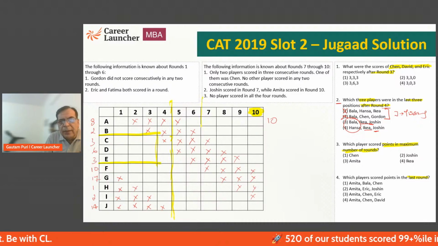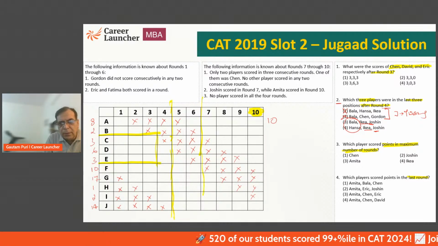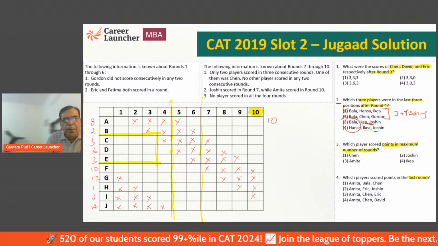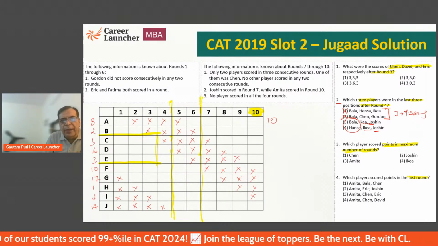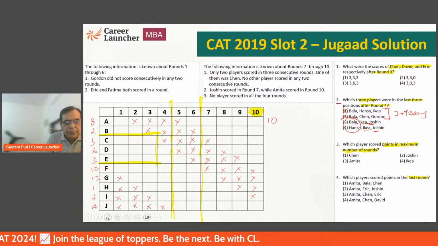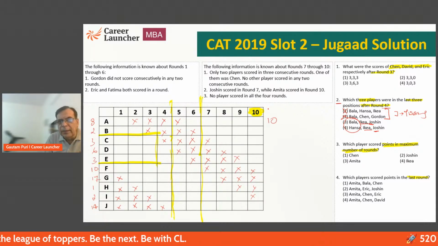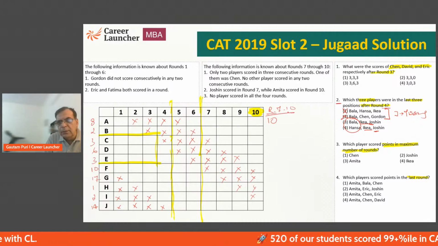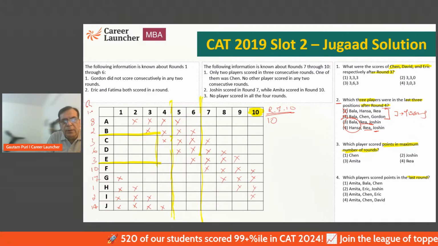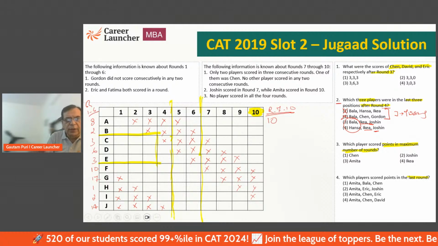That means this is points till round 6, and these are points in rounds 7 to 10. And these are the points in rounds 1 to 6. Okay, so this is what I have.